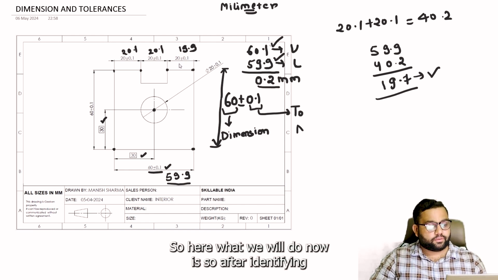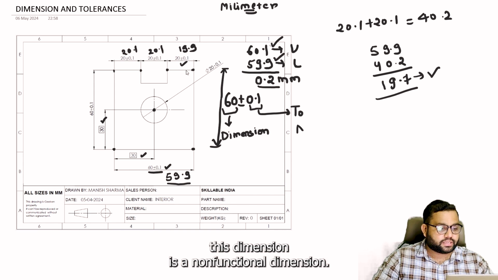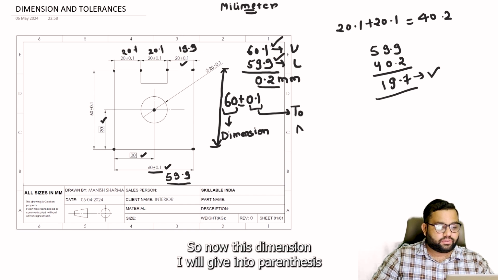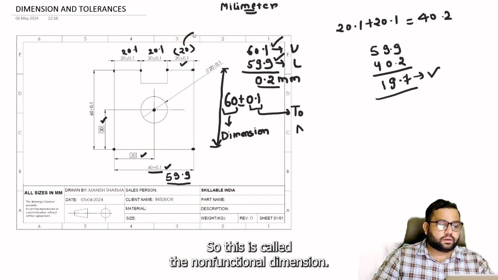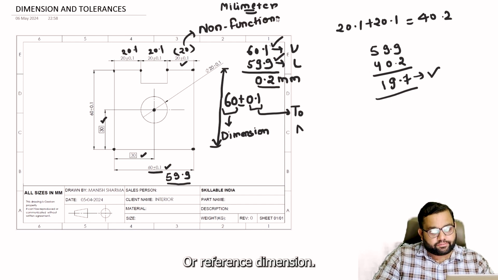After identifying the non-functional dimension, in this case I have identified that this dimension is a non-functional dimension. I will give it in parentheses. So this dimension I will put in parentheses, 20. This is called the non-functional dimension or reference dimension.